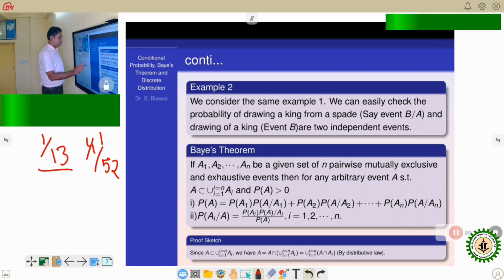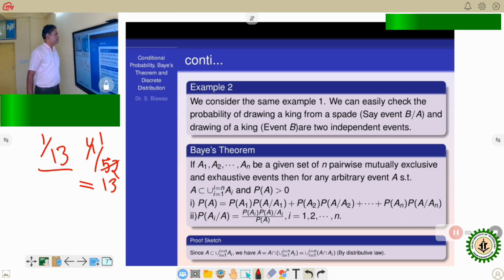So this is 1 by 13. So both become equal. So P(B|A) becomes equal to P(B), you can say. And hence this is a fundamental example of an independent event.